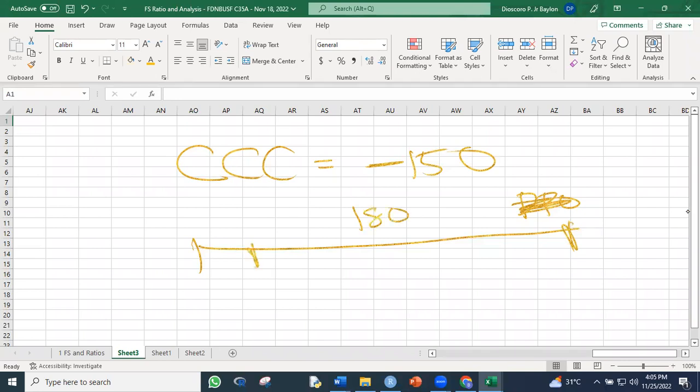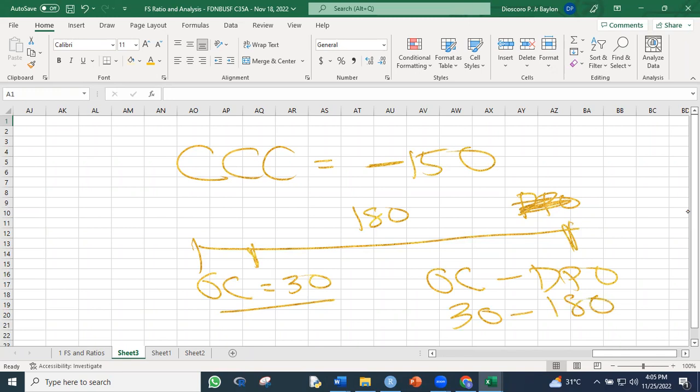And our operating cycle is 30. In this scenario, your operating cycle is 30. OC minus DPO, that's your cash conversion cycle. So that will be 30 minus 180. That means our CCC is negative 150.